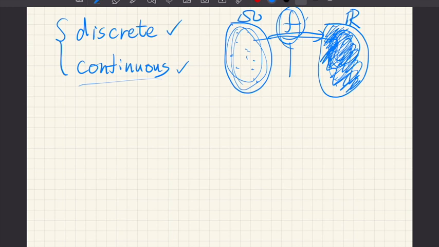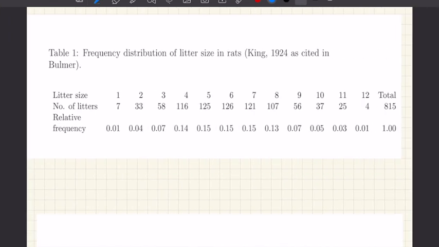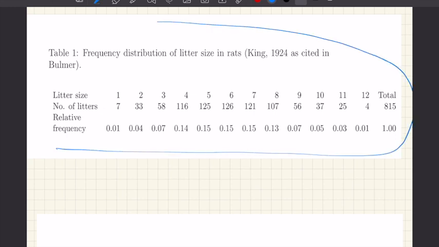Okay. Let's see one example. That is this table. This table shows the frequency distribution of litter size in rats. Here, litter means the number of babies one rat gives birth to. So this table shows 7 rats gave birth to one baby at once.